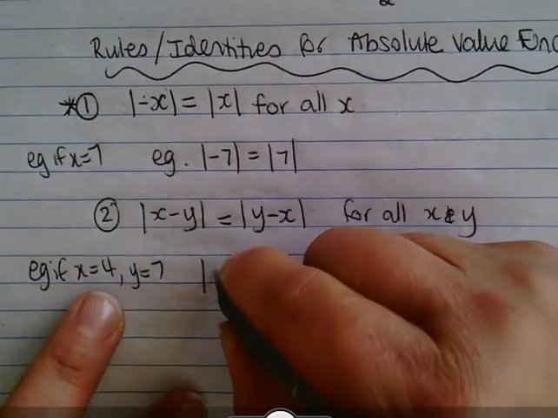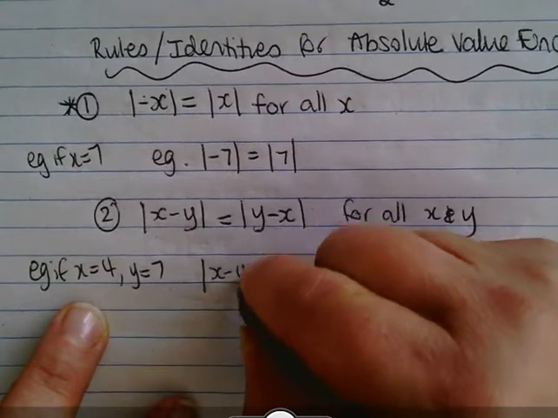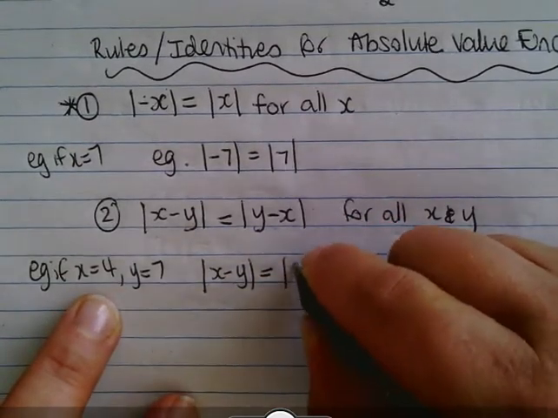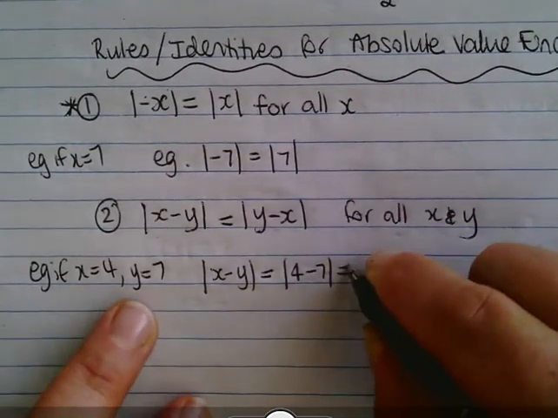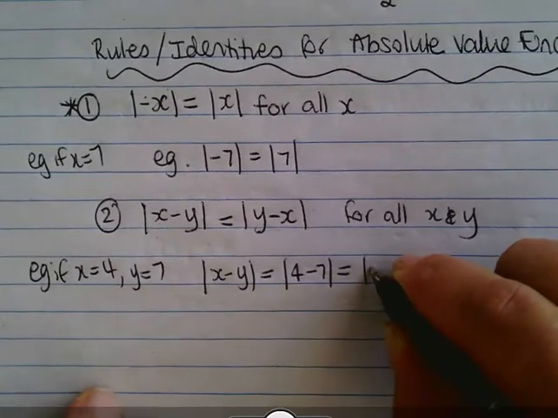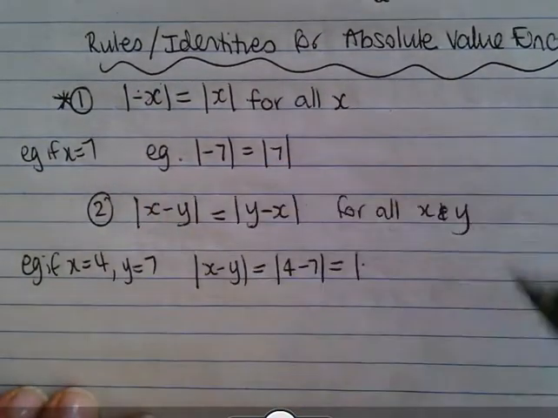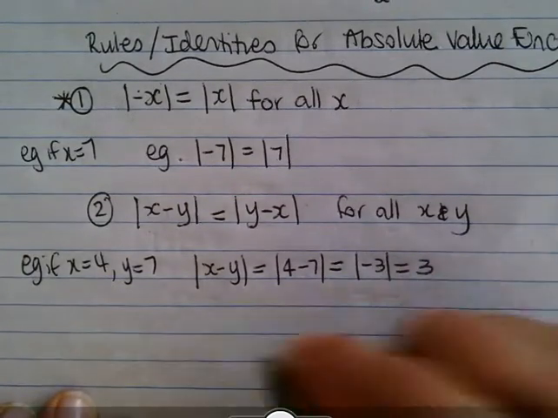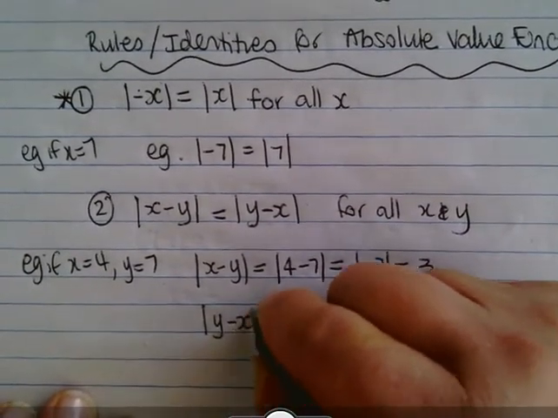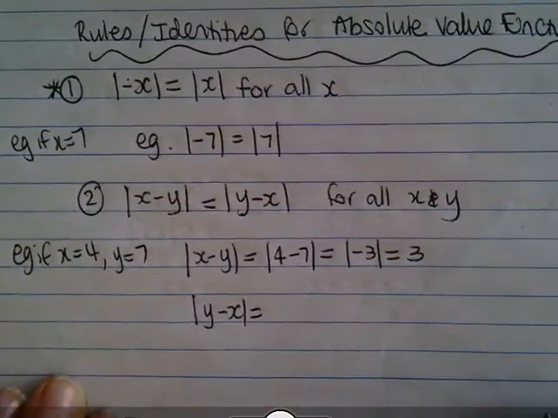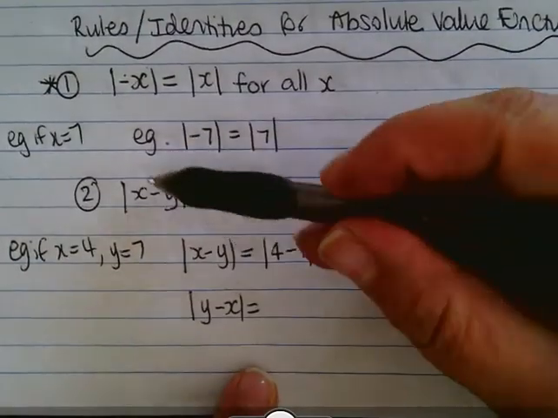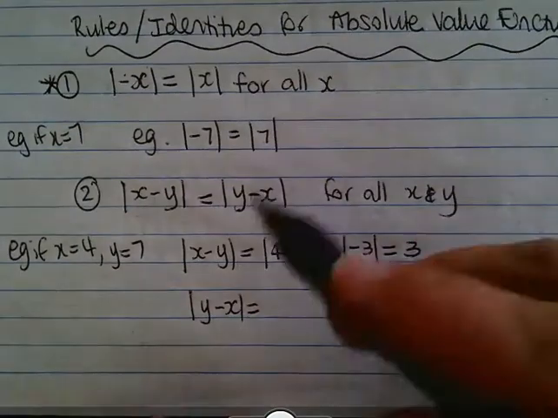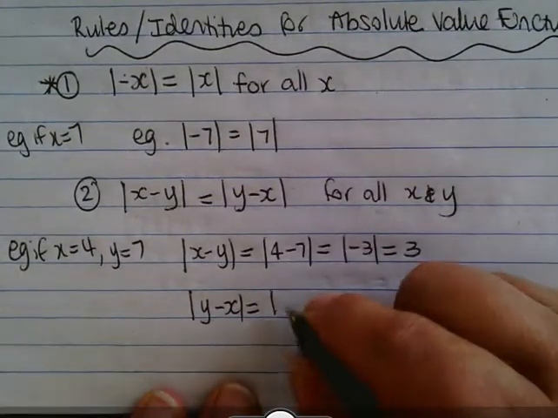So on my left-hand side, I've got absolute value of x minus y. That's absolute value of 4 minus 7, which is absolute value of what? I'm just doing that left-hand side first. Negative 3, which is 3. Now I'm doing the absolute value of y minus x.